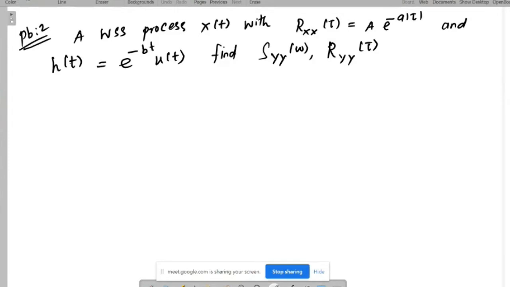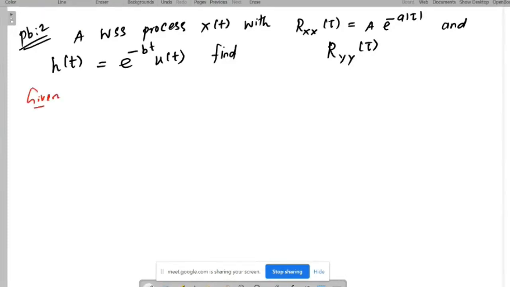Suppose in this problem they are not asking for the power spectral density, but if you want to find R_yy of tau, definitely you have to find S_yy of omega, right? Then only you can find R_yy of tau, right? So now I'm going to do this problem. So what is given?